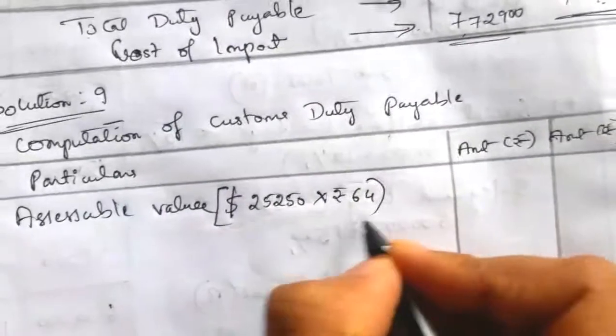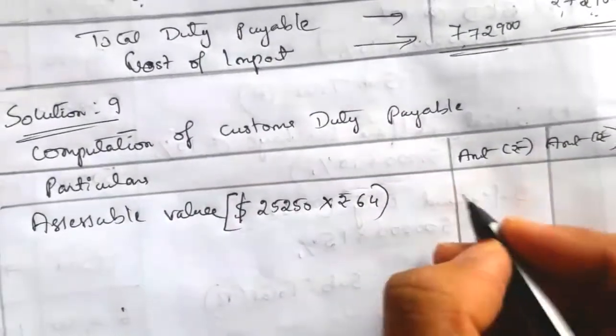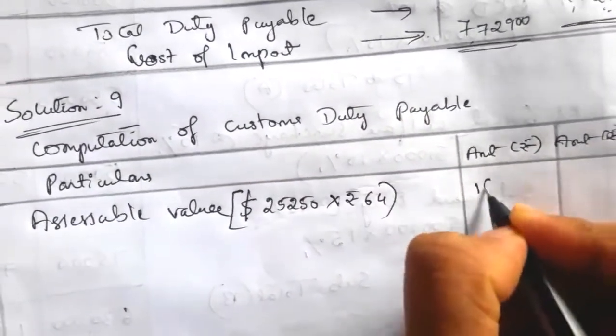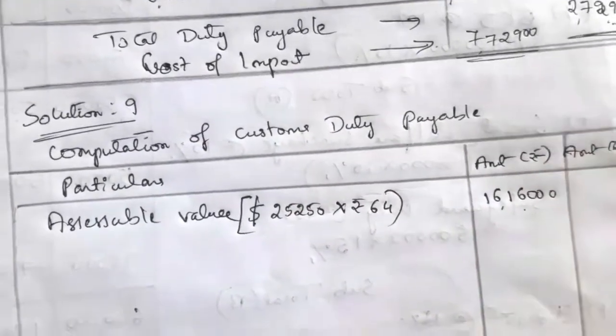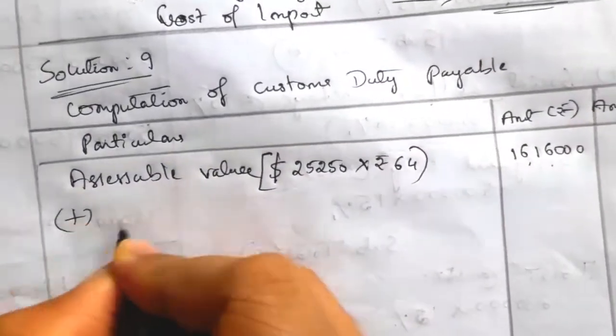So when we convert dollar 25,250 into rupee, we get the rupee value 16,16,000.